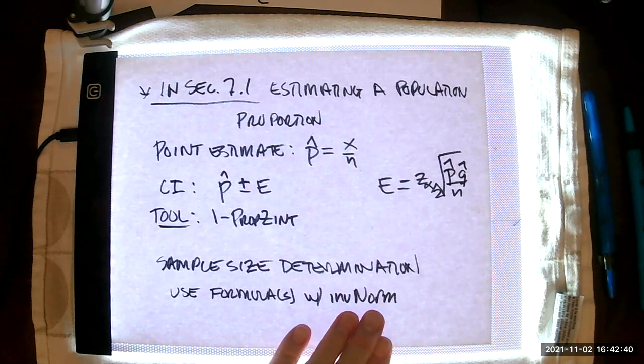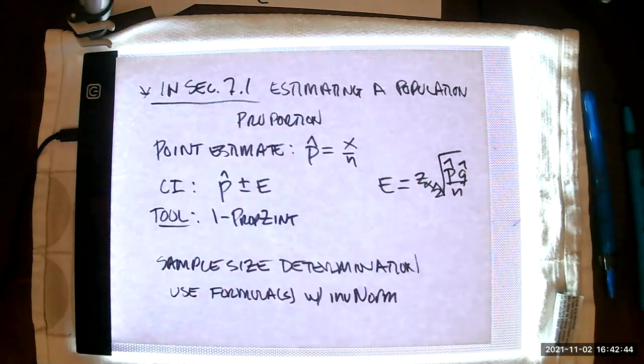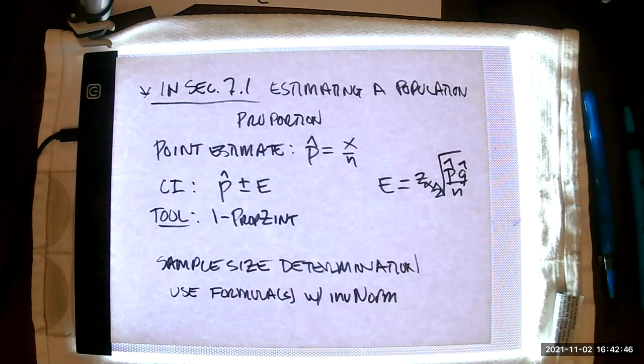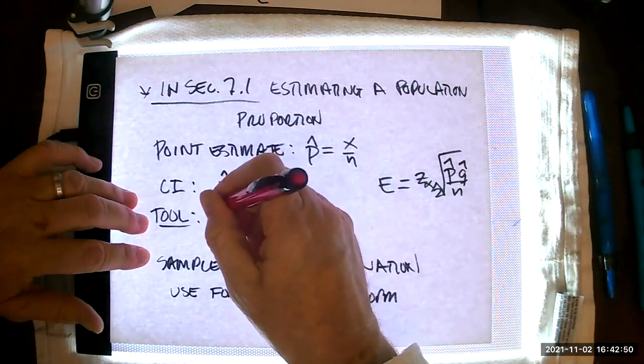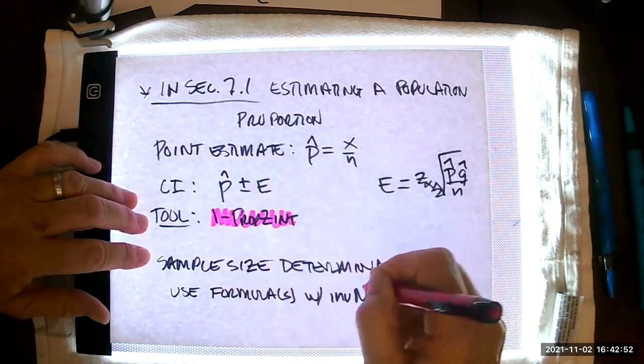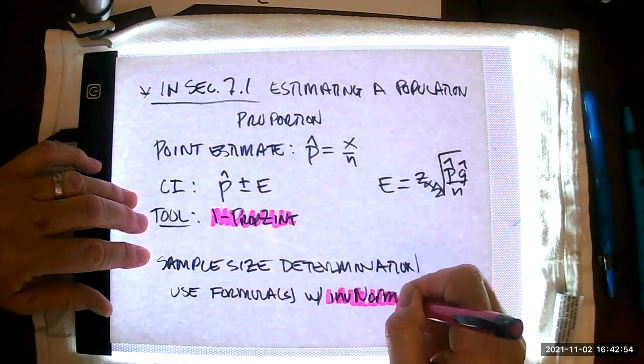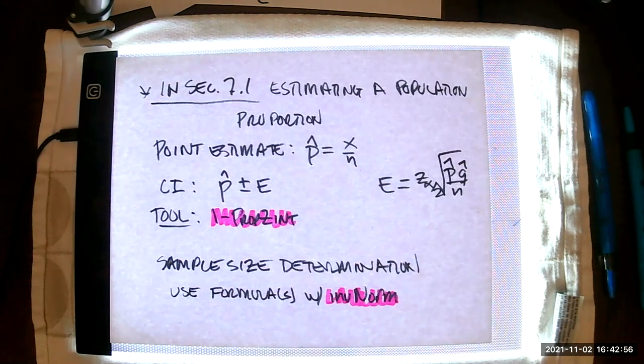By the way, that's one of the main reasons I used that tool last night when I worked through that one example longhand before we got into the one prop Z interval. So the one prop Z interval and the inverse norm are the tools that we use here. We do have formulas for the sample size, but in general, your calculator handles pretty much all of this.